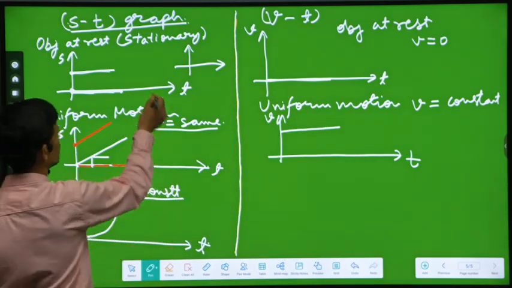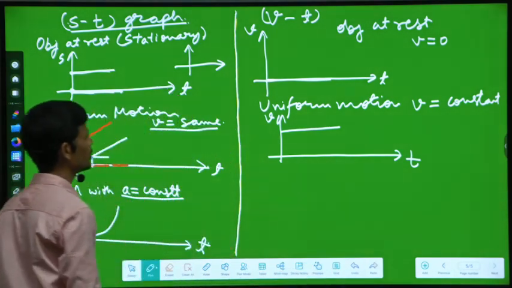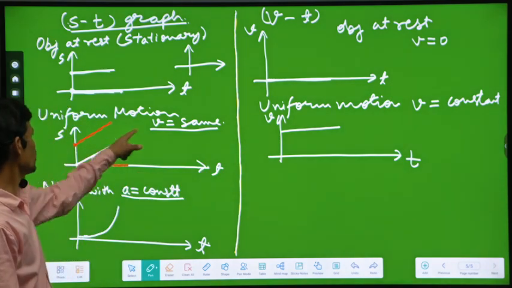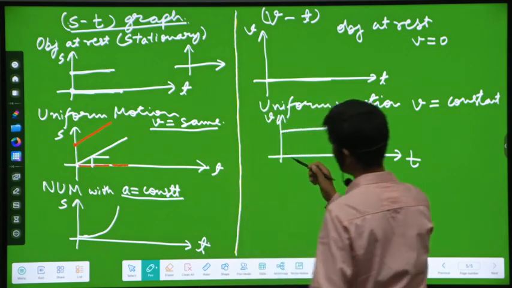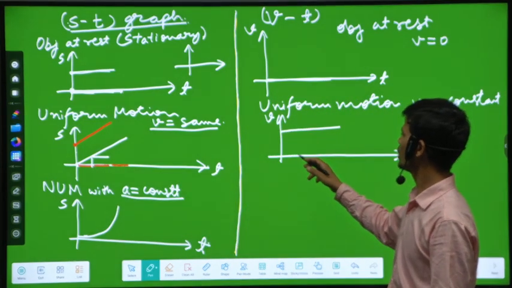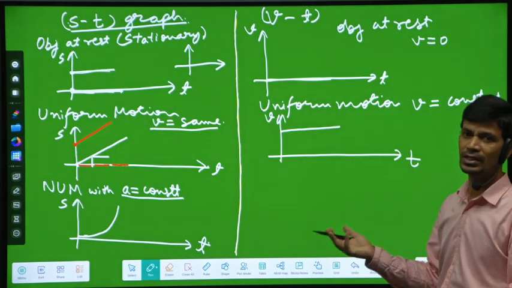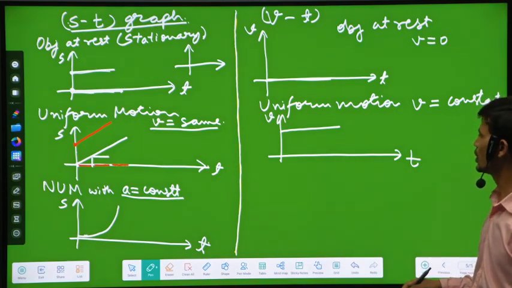People can relate from this to this, but no, there is no relation between them. It is associated with this. Here velocity is constant. So if I am drawing velocity, if velocity is same, if it is 5 meter per second, so it is still at each interval of time 5 meter per second. So it is showing uniform motion.